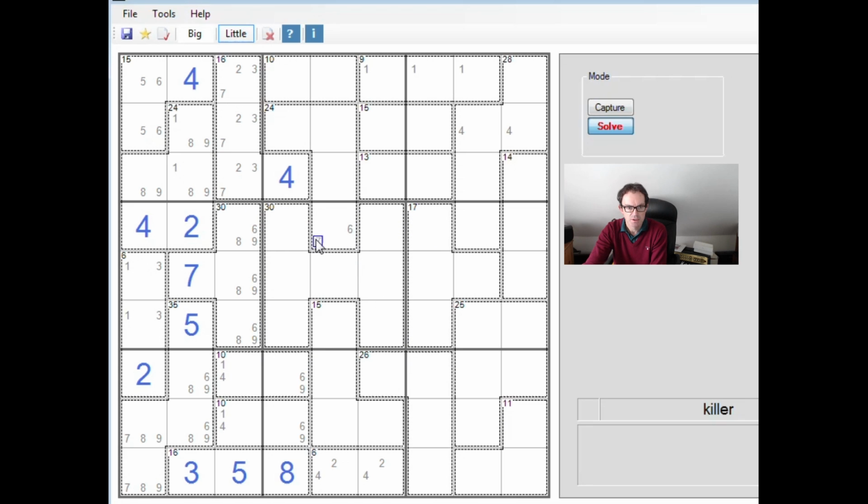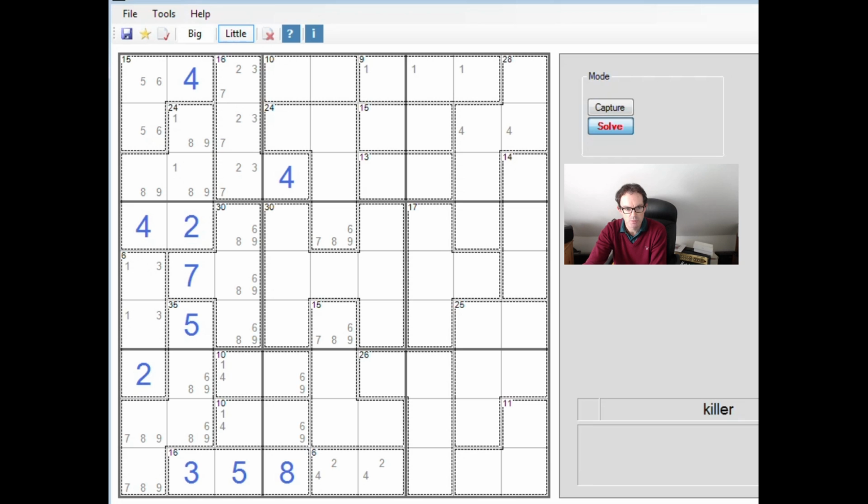So 6, 7, 8, 9 must be in these two squares, because they've got to add to 15, that means they're either 6 and 9 or they're 7 and 8.